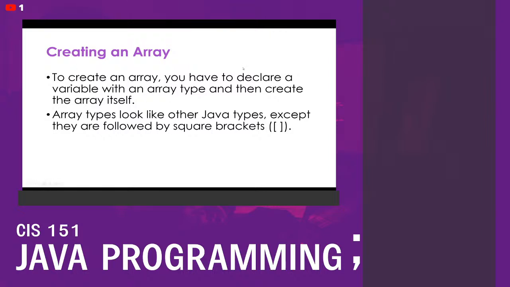So if I'm creating an int array, or an integer array, I'm going to declare it with my int data type with an empty pair of square brackets around it. Double, with some empty brackets around it. String, with some brackets around it.